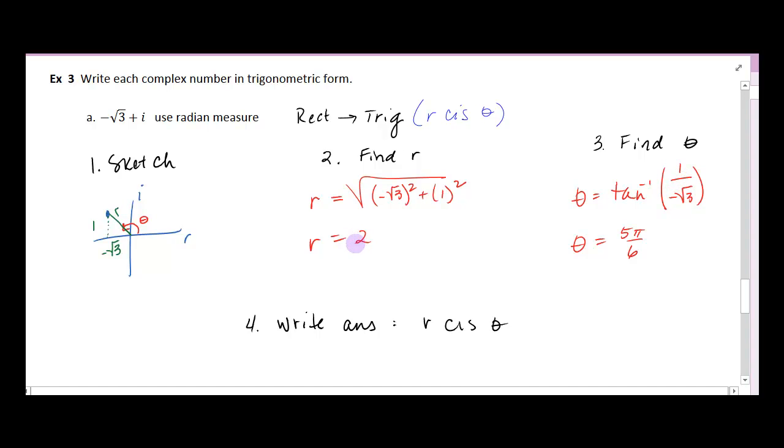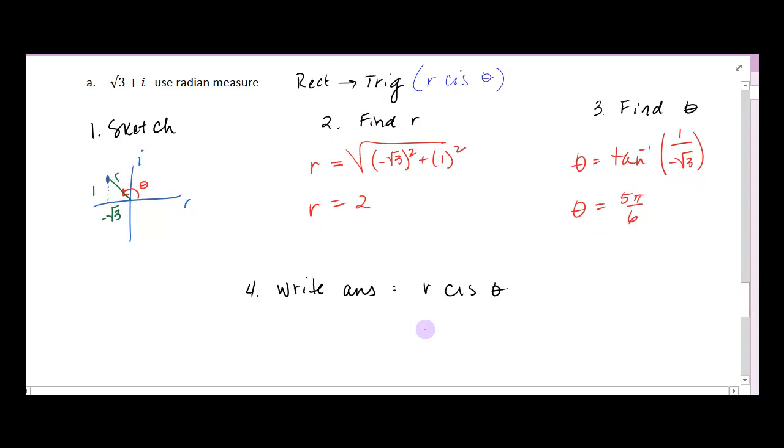So once I have r and theta, it's simply writing it as 2 is r, and then we give the abbreviation CIS, and then theta, which is 5 pi over 6. And that's the solution right there. It's very straightforward, and we go ahead and use the abbreviation here for CIS.